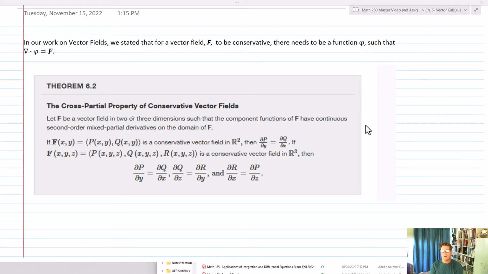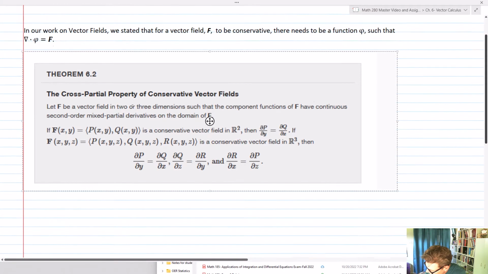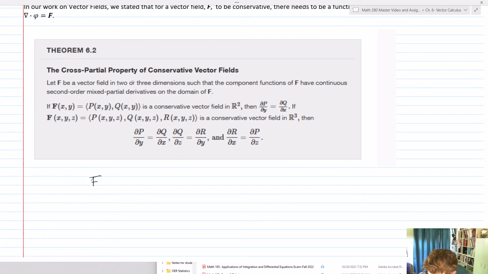Okay, so basically what this is saying is, let's imagine that I have my vector field F equal to P of x,y, Q of x,y. And we'll just do this in 2 dimensions right now.